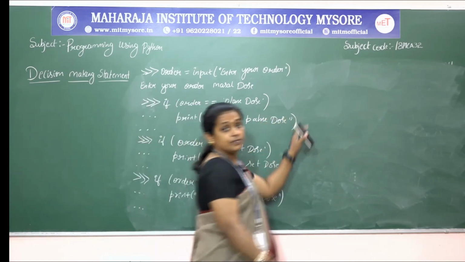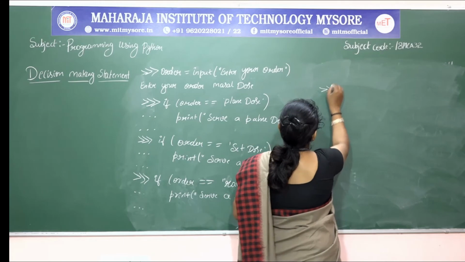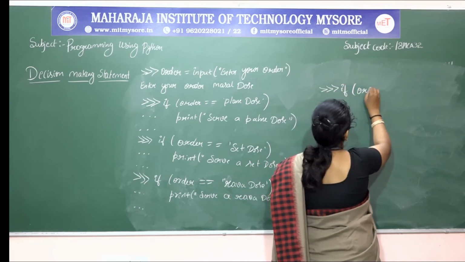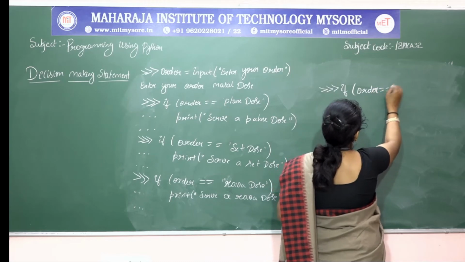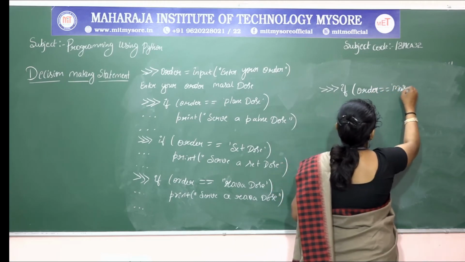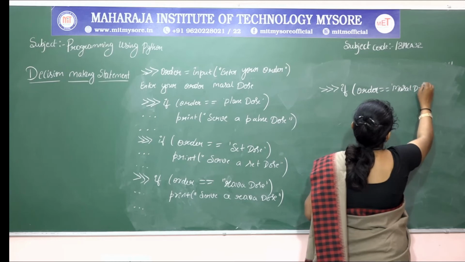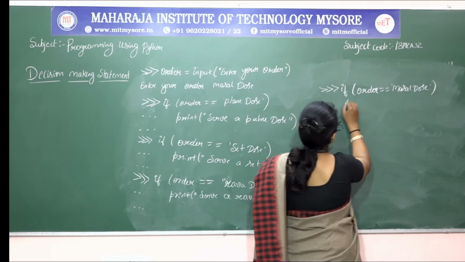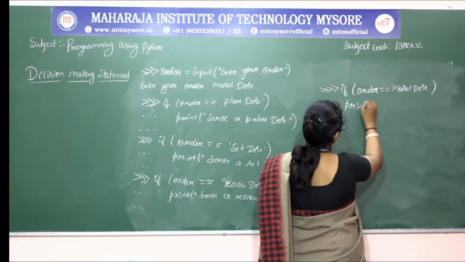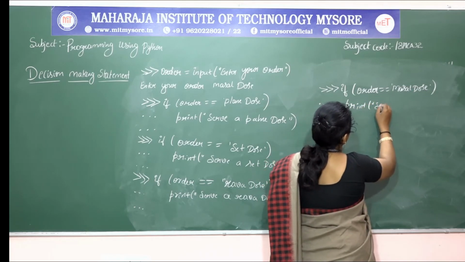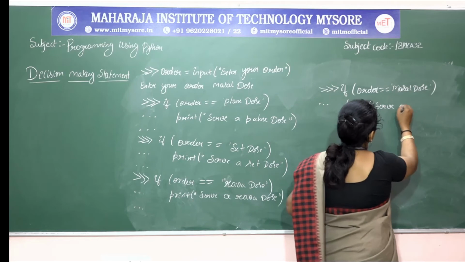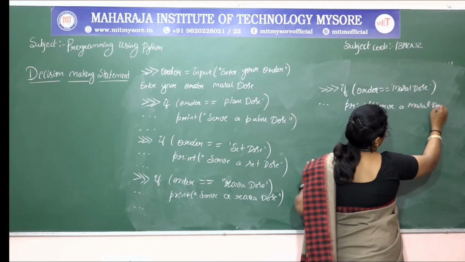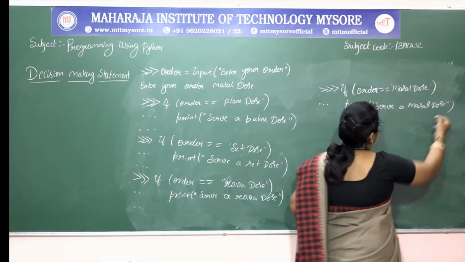Okay, I am continuing here. If order equal to masala dosa, space, here it is, print, serve masala dosa.